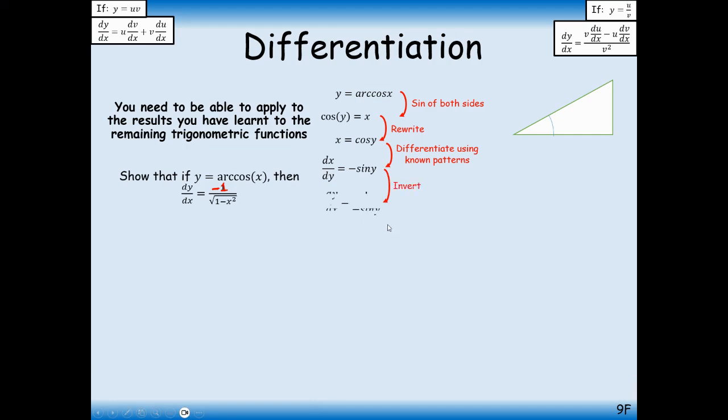So we do need to invert that expression there. So we can either use the trigonometric identities or that triangle there and think about what it's telling us. This line here is telling us that this angle y, its cos value is x over 1. Okay, there is not a 1 there, but we can think that there is.